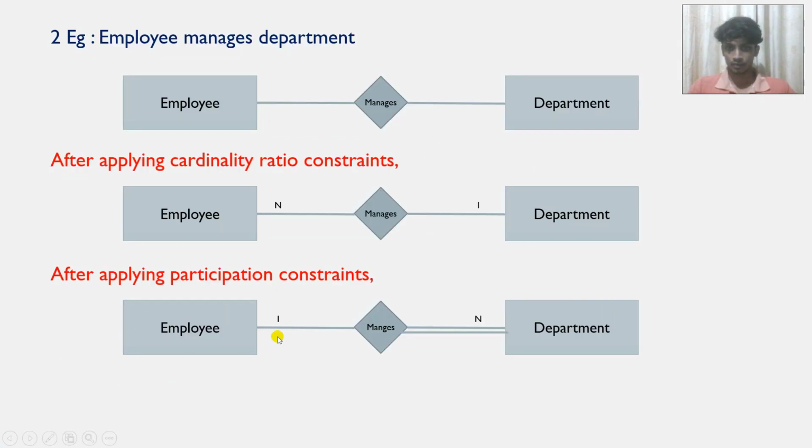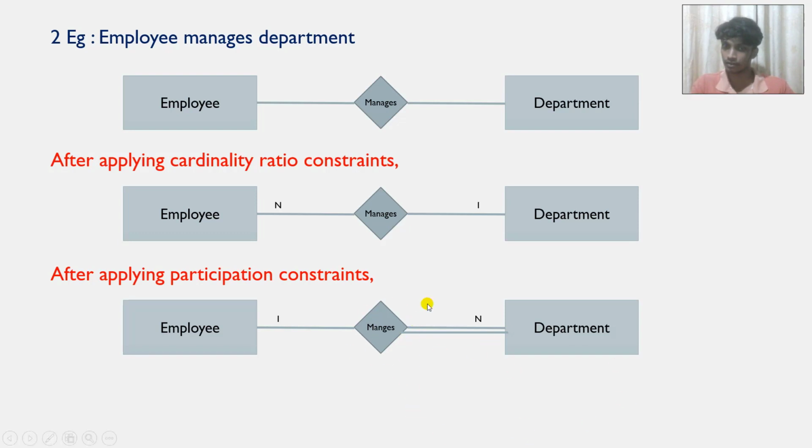Employee may manage a department, which means let's say a workplace having 100 employees and it having 5 managers, which means the other existing 95 employees are not managers, which means those employees do not manage a department.